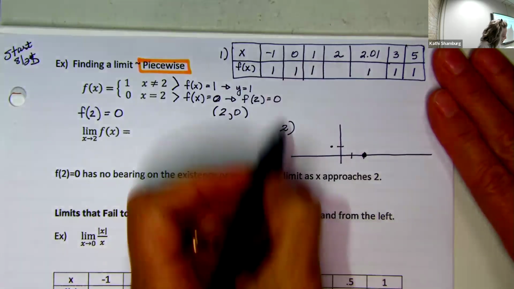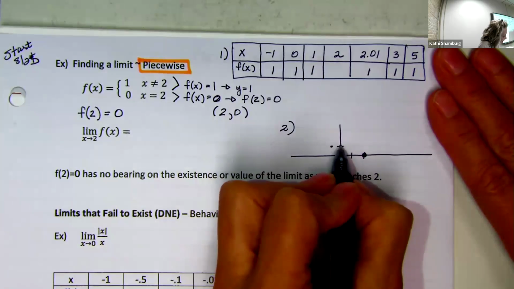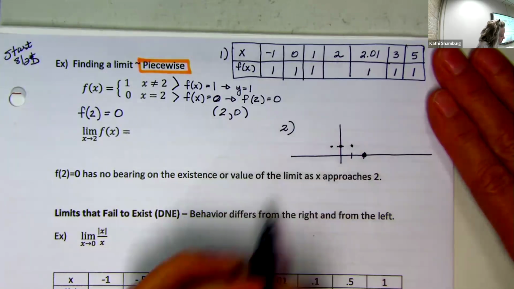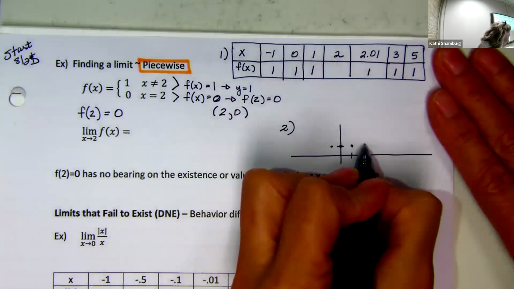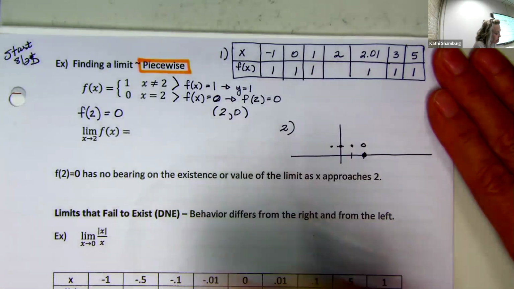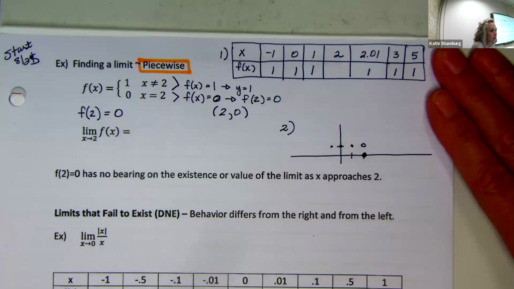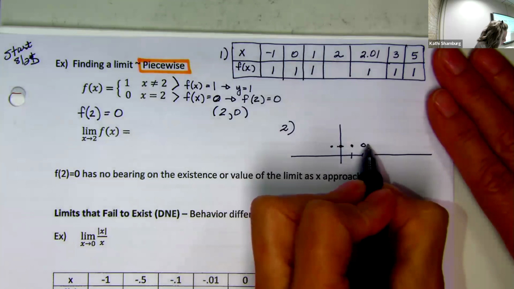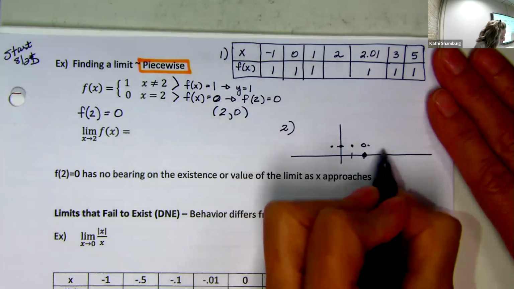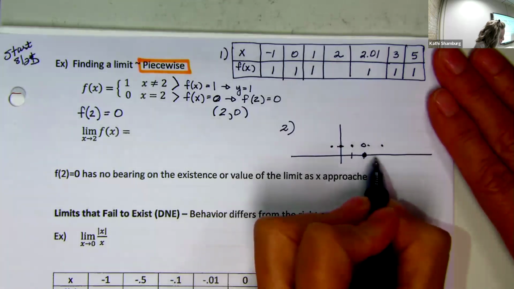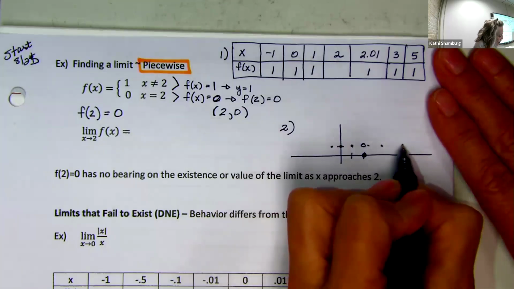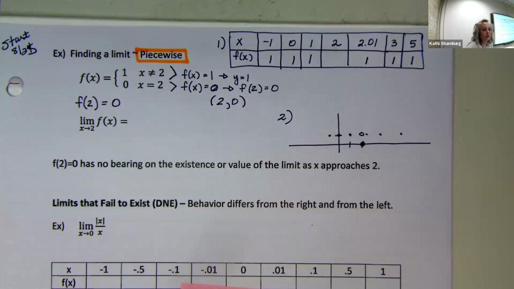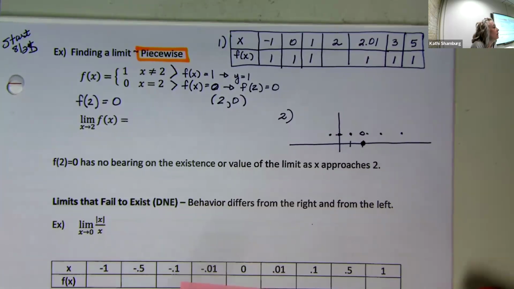That works. (0, 1), that works. (1, 1), that works. It can't be 2. So that's an open circle. At 2.01 the output is 1. (3, 1), (4, 1), (5, 1). What kind of graph am I going to get if I connect all those ordered pairs?